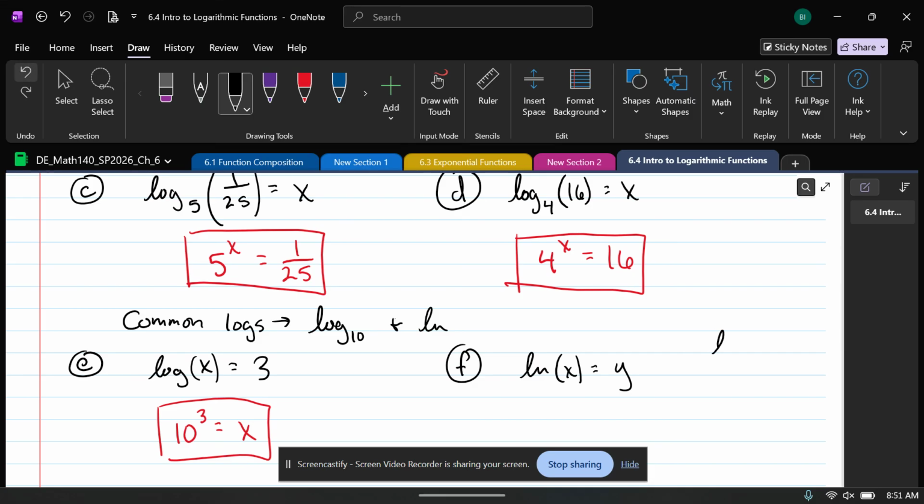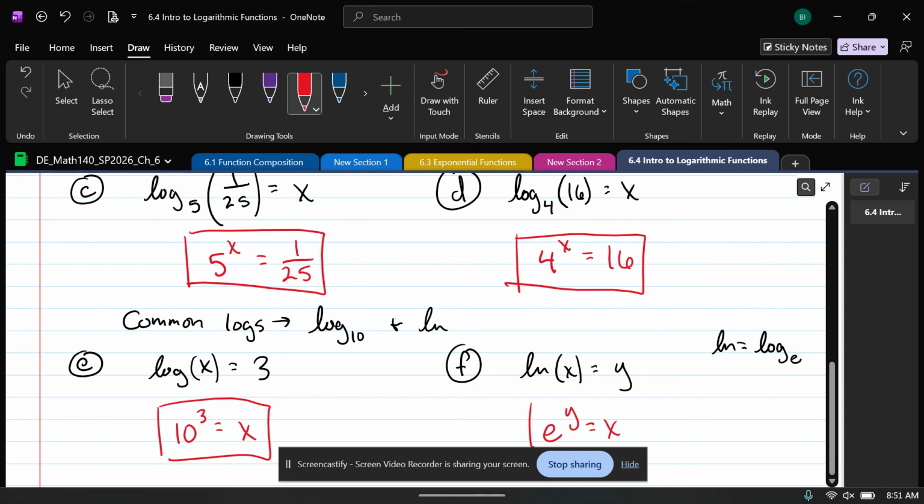The natural log is log base e. Remember, e is that number. It's kind of like pi, but it's 2.71 and some bunch of decimals after that. So natural log is abbreviation for log base e. So the base, when you see ln, is e. So if we're going to rewrite this as an exponential, what would it be?